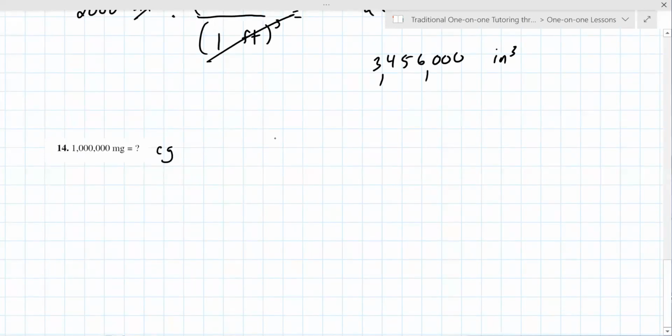All right. So you may have seen this in class. Not this particular one, but similar. 1 million milligrams. So milligrams is going to go on the bottom and centigrams goes on top. I think the challenge is, which one is it?